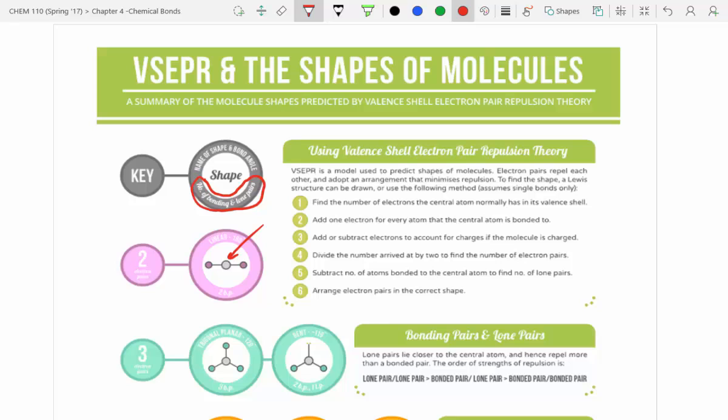Those two bonded atoms would prefer to be as far apart from one another as possible. And then we have to describe the shape. The shape is very clearly called linear, right? Because it's a straight line, and the angle between those two outside atoms is 180 degrees. Not too bad, that makes sense, right?